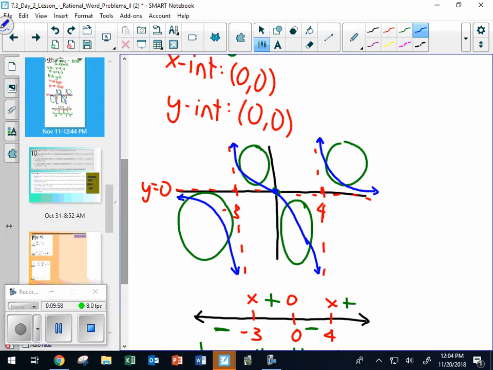Now at this point, wait a second. We just went through a point at 0, 0, but don't we have an asymptote at y equals 0? How could we cross? Didn't we say we can't? All right.